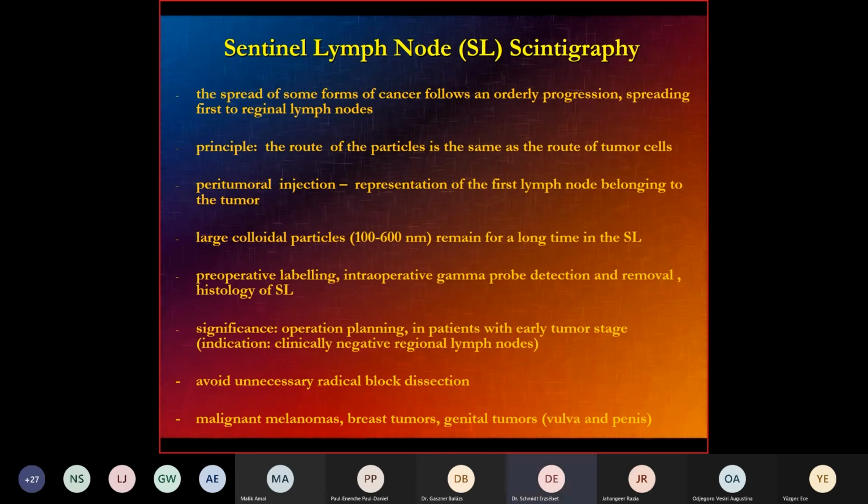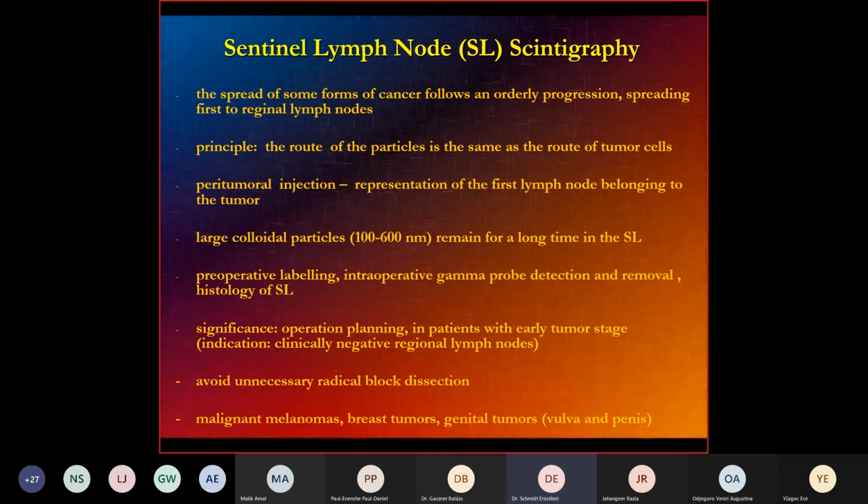So the sentinel lymph node will be removed with the help of this detector, and after the removal, it will be examined by histology. If the histology of the sentinel lymph node is negative, the radical block dissection is unnecessary.